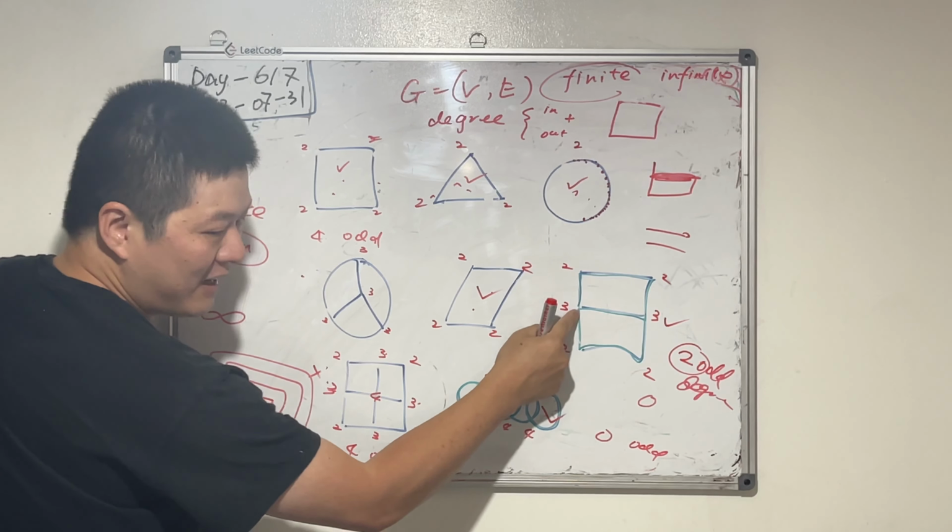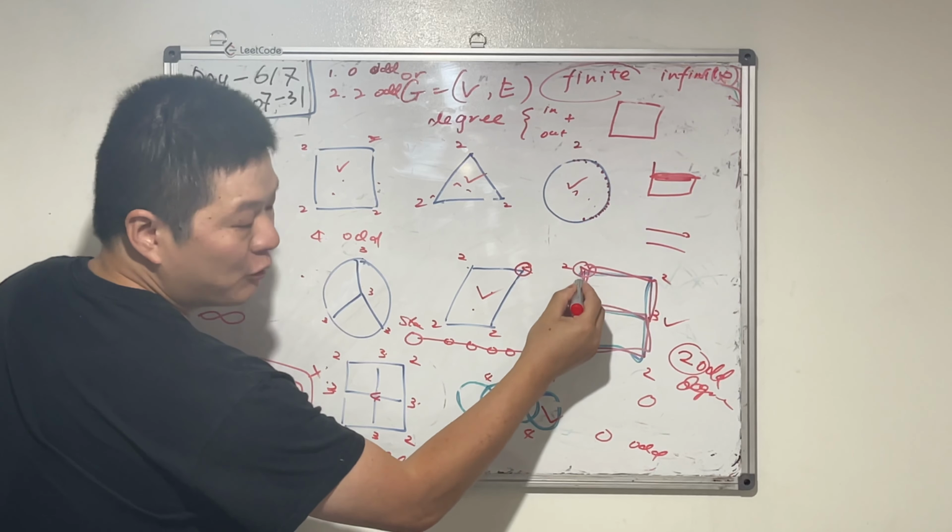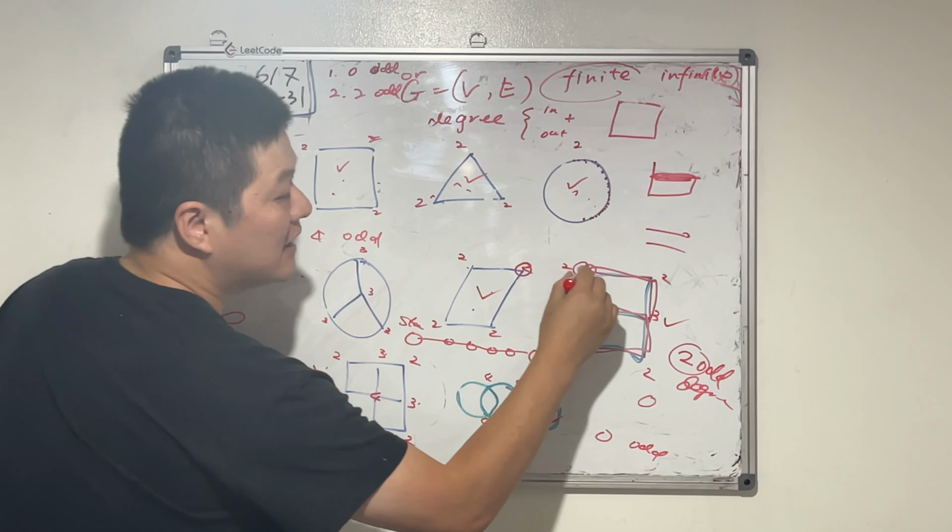Make sense? If we enter a vertex here, we must leave it using another edge. If not, then we are trapped in this vertex. Unless it's a start or finish. At the start, I don't have to come back. At the finish, I don't need to leave again.